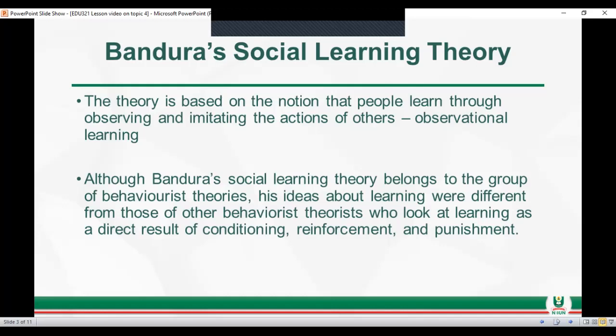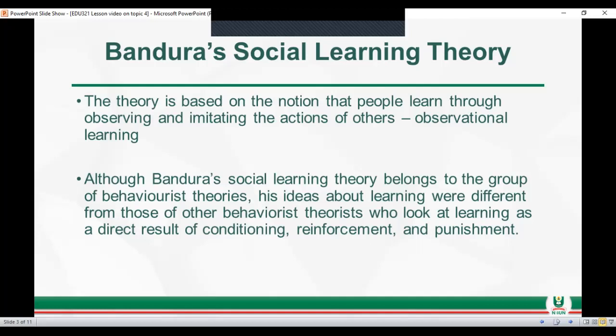That of Thorndike is a stimulus-response connection. So Bandura's social learning theory is quite different from these other behaviorist theories, even though they all belong to the same category. So we'll see why.